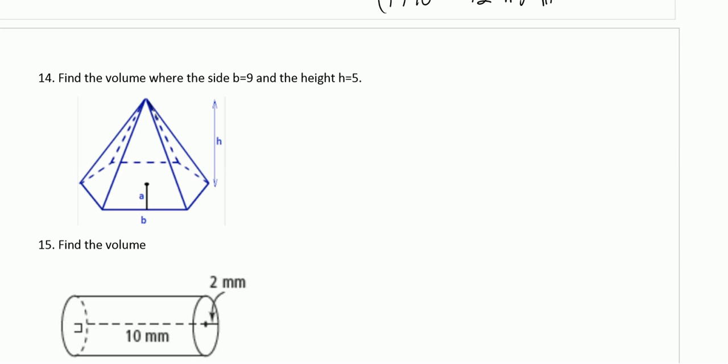Number 14, we have a hexagonal based pyramid. And so we know that the volume of this is 1/3 the area of the base times the height.